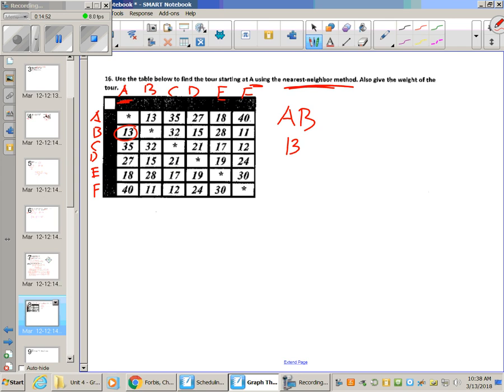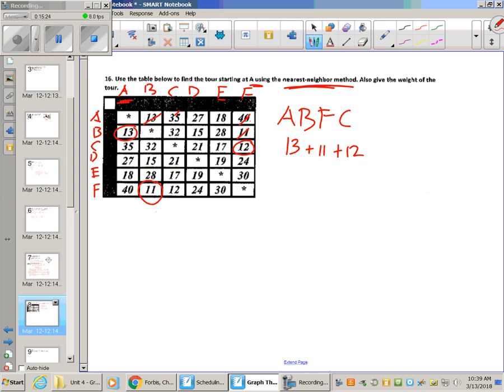Okay, so I go over to B's column now, because that's the city I'm in. The next cheapest one to go to is F with 11, and that was after crossing out A. So I'm going to F with 11. When I go to F's column, I can ignore A and B because I've already been there. While I'm in F, the next cheapest place to go is C with 12. Okay.